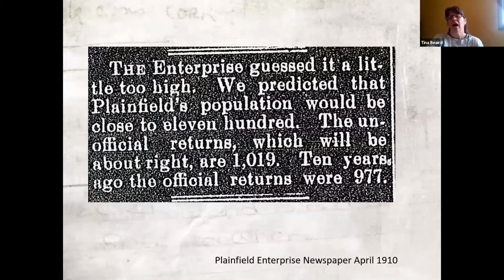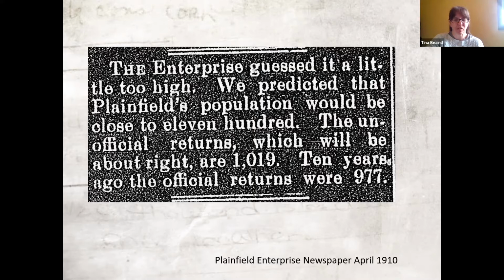So I work at the Plainfield Public Library, and Plainfield is in the midst of collecting data for 2020, just like the rest of us. So throughout the course of my job as the genealogy and local history librarian, I come across these fun little tidbits from time to time. And one of them was from the 1910 census. They were reporting about how close they were to predicting the population of the town in 1910.